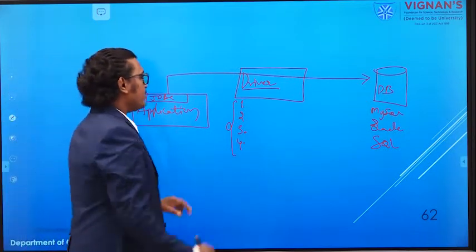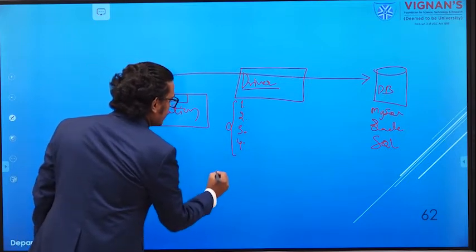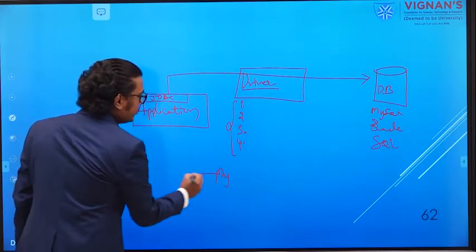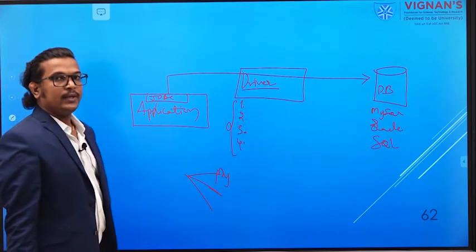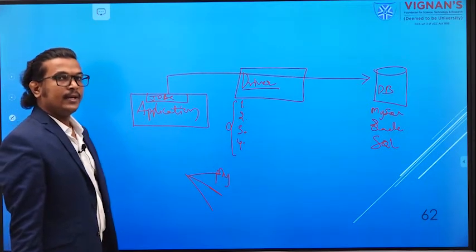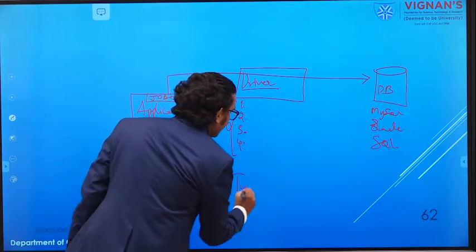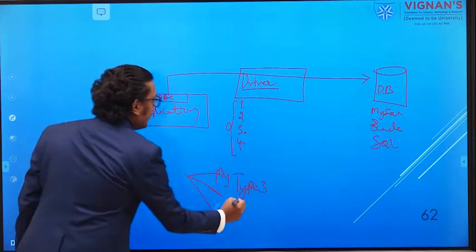For example, if you are using an Oracle database or MySQL database, and you want to access multiple databases, which driver is suitable? For that we use the type 3 driver, that is nothing but your middleware driver.